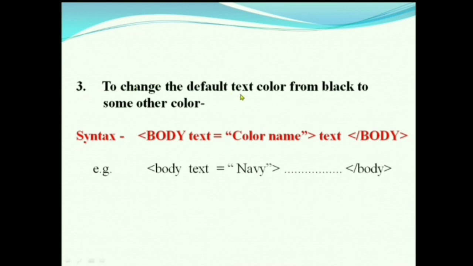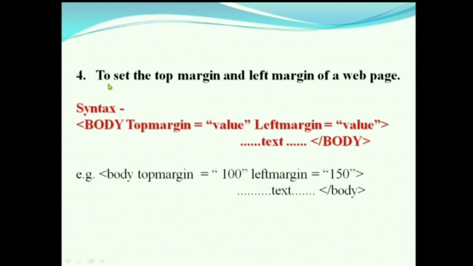To change the default text color from black to some other color, we need the text attribute with the body tag. So you just give body space text equal to whatever color you want as the text. That text color name spelling you have to type here. Then you should close your body tag. To set the top margin and left margin of a web page.